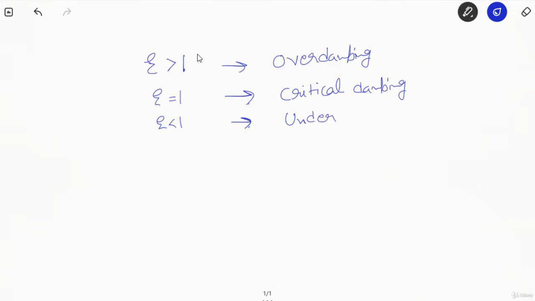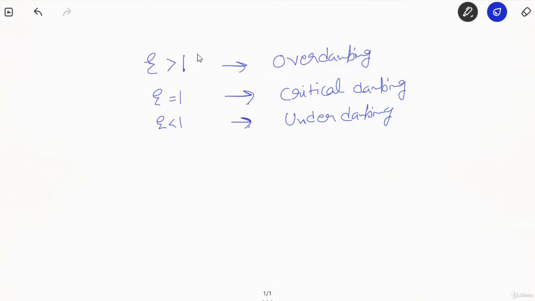Now, what are the practical aspects of these three cases? While we say over damped, under damped, critically damped, it generally signifies the rate of decay of vibration amplitude. You will see it later on the basis of graphs, how this particular thing is going to vary. But for now, we have to remember all these three situations based on the damping coefficient, right?